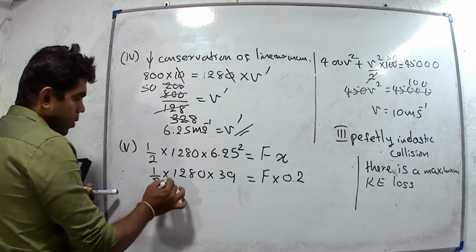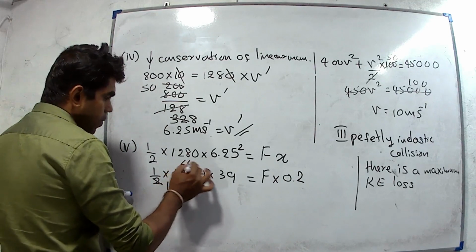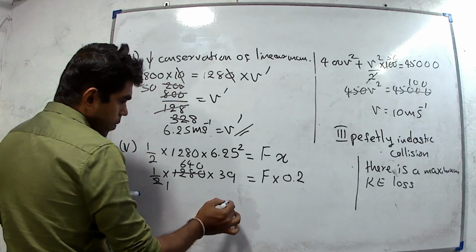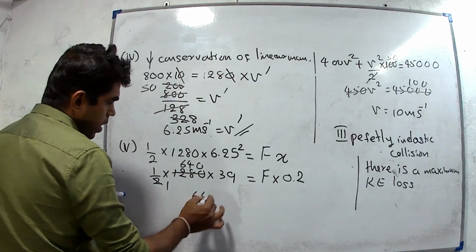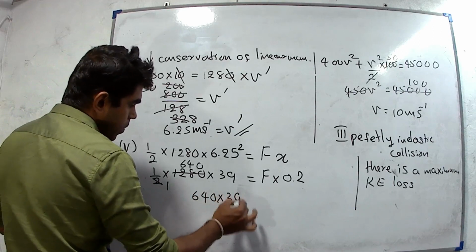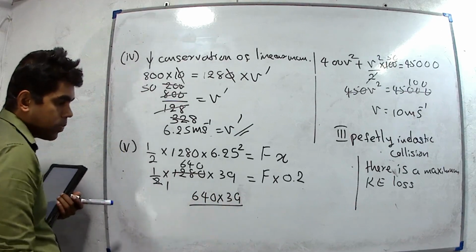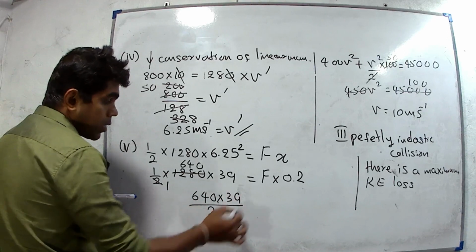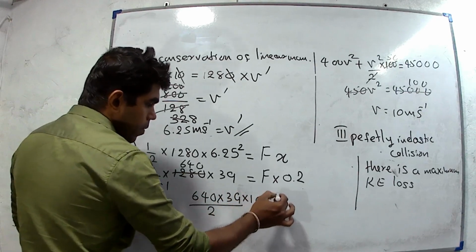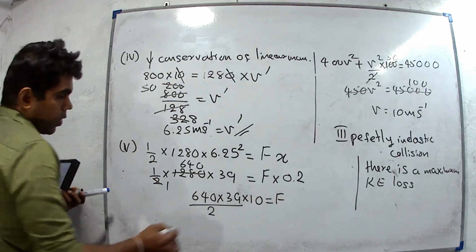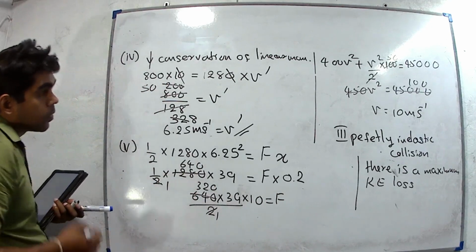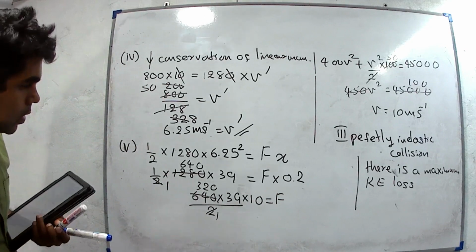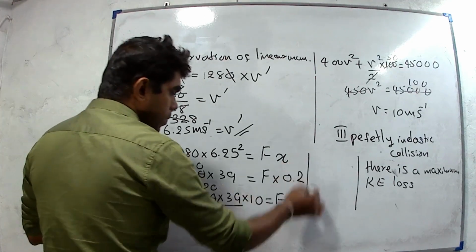We can cancel out 2 divided by 2, 1, 640. And we can get 640 into 39 divided by 0.2. I will get it as 2 divided by 10. 2 divided by 2, 1, 32, 0. Then we can simplify it.